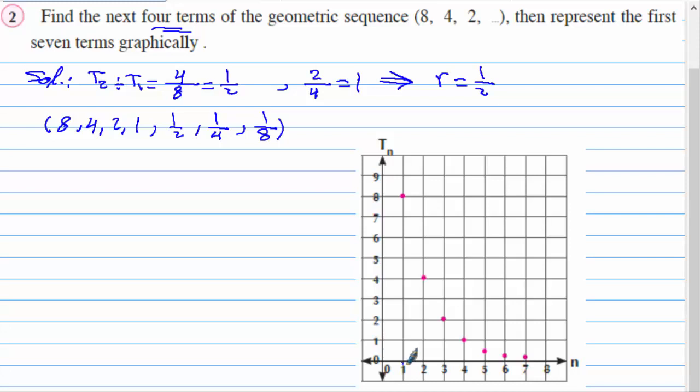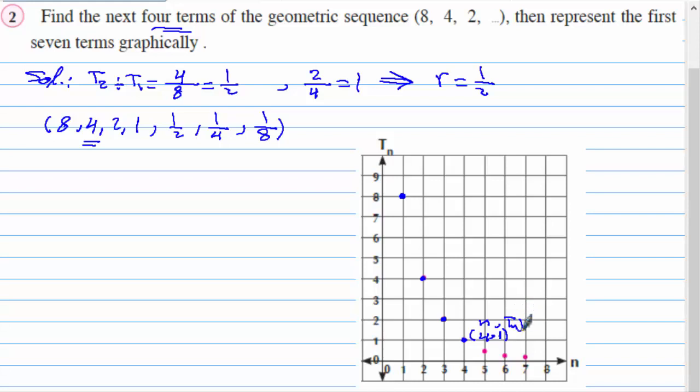When n equals 1, we have T1, which equals 8. When n equals 2, the second term equals 4. When n equals 3, we have 2. And so on. When n equals 4, we have 1. This point is 4 and 1. 4 is n, 1 is Tn.